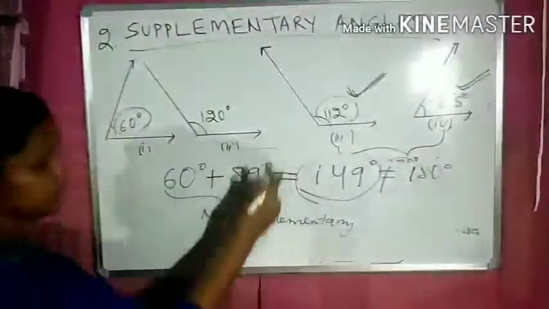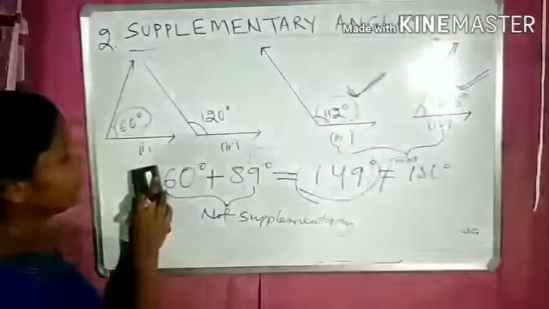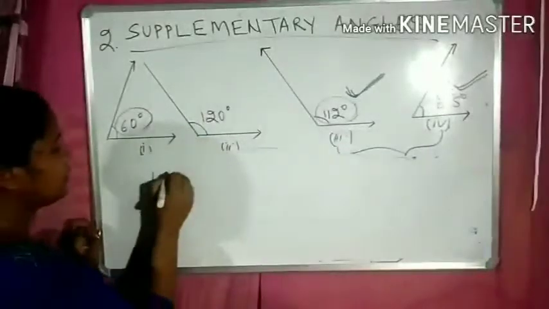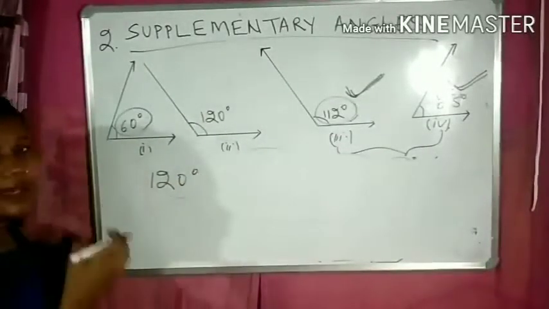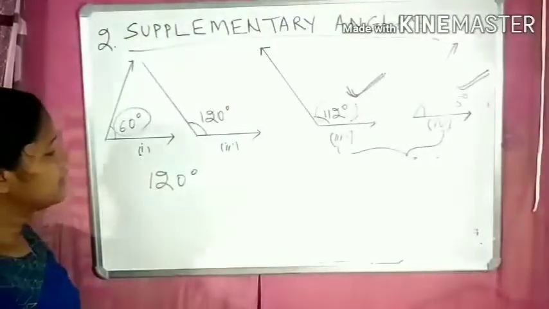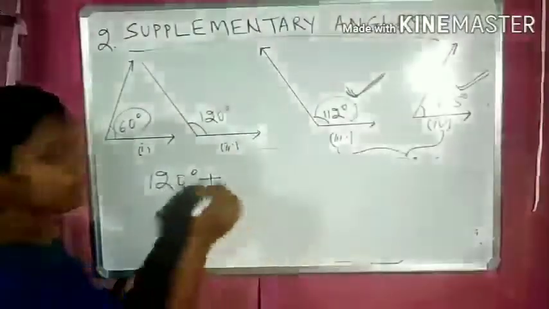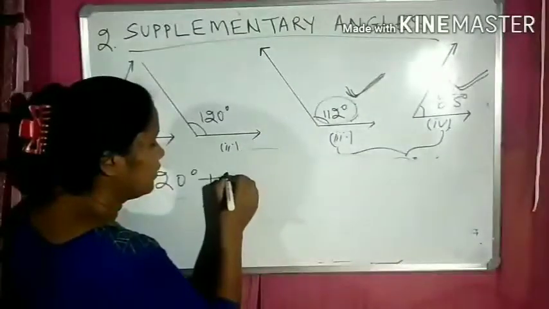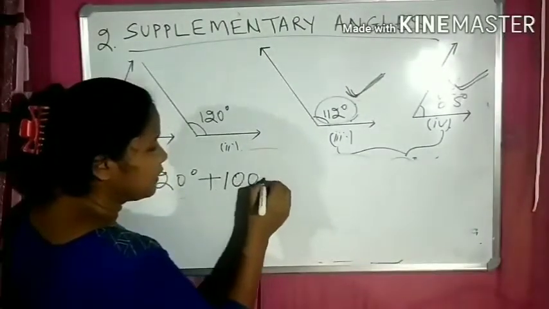So next we'll see, can two obtuse angles be supplementary? 120 degrees is given. I am adding another obtuse angle. So let's take 100. So how much are we finding? Add it.